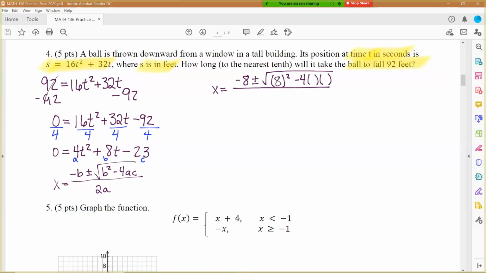So we need 8 squared in parentheses minus 4 times a, which is 4, times c, which is negative 23, all divided by 2 times a, so 2 times 4. And then as always, we're going to type just this portion right here into our calculator.